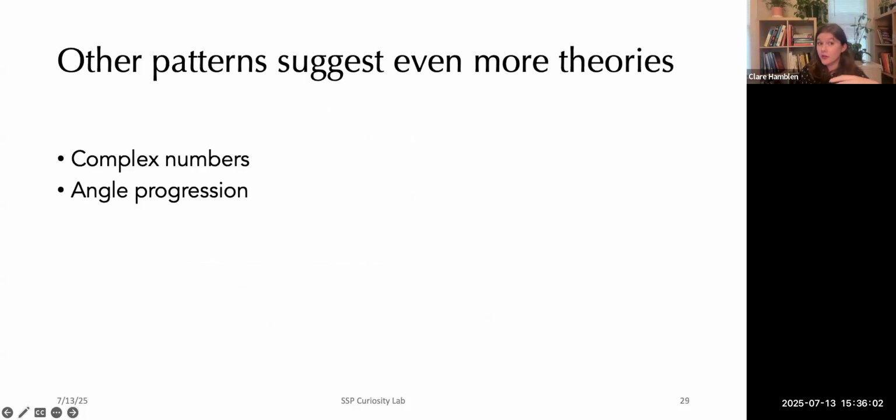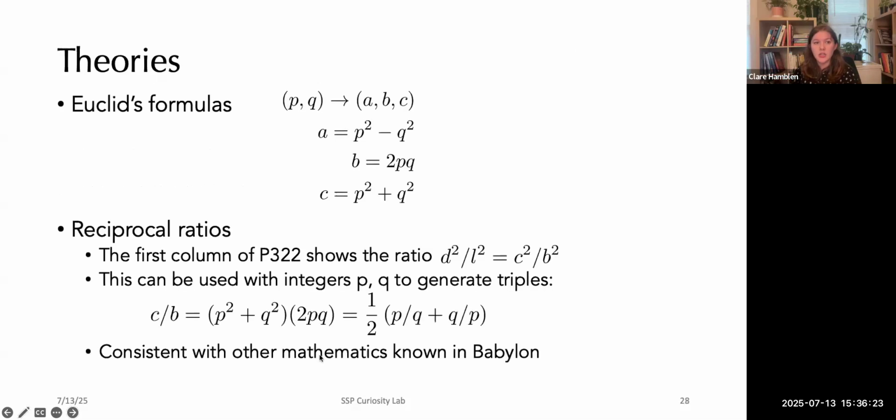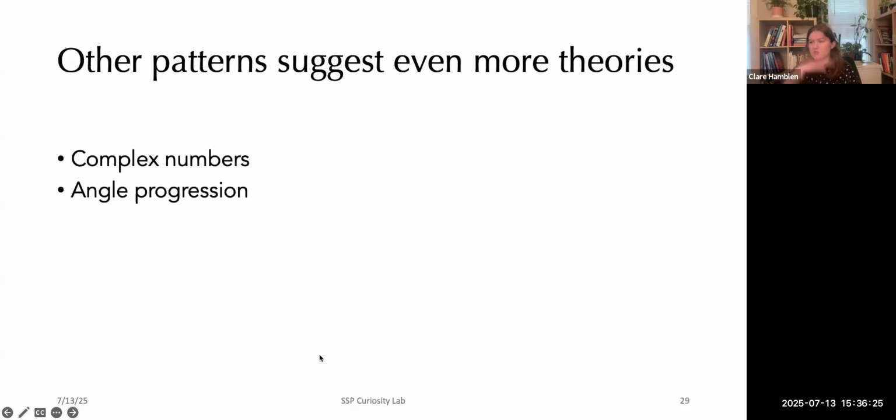And there are other patterns that suggest even more theories about what they may have known. In preparing for this talk, I came across a really incredible one about complex numbers. There's a remarkable, very unlikely pattern that emerges when you apply a particular concept from complex analysis to those triples, which is wild. If you compute the value of the angle in the triangle that is defined by these, then you see a particular progression and pattern.